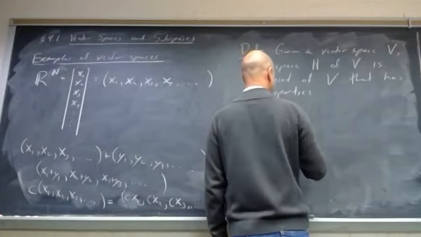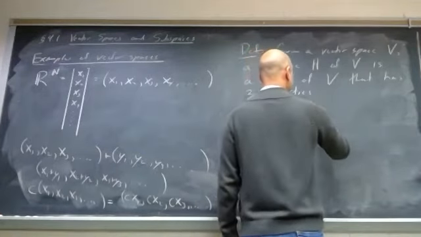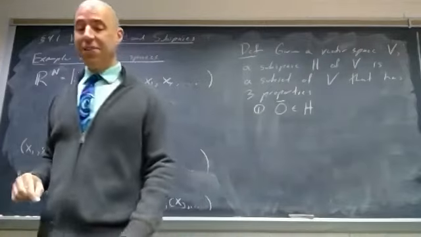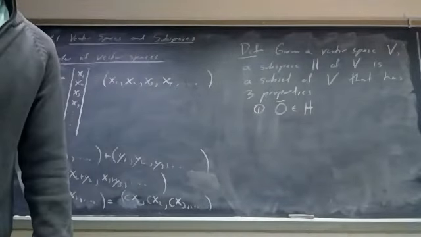The zero vector is in H. So one of the vectors you have to take is the zero vector.